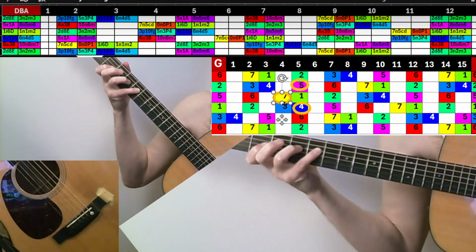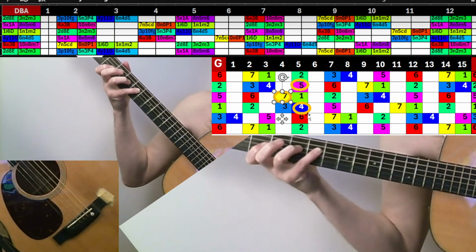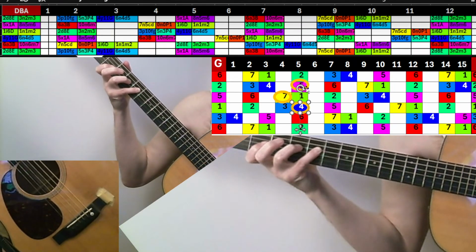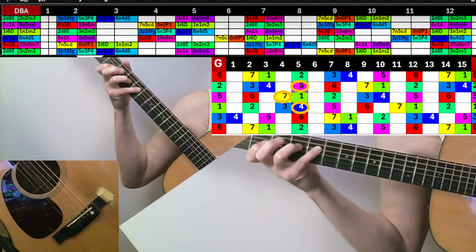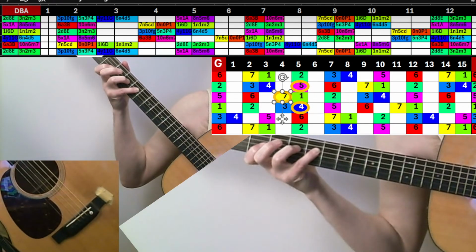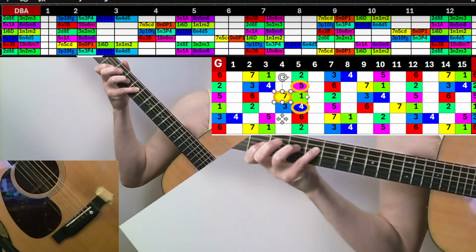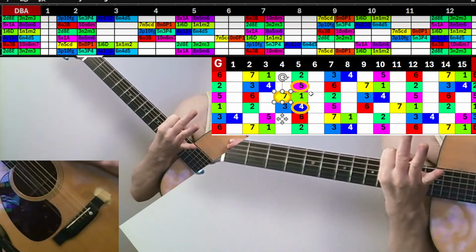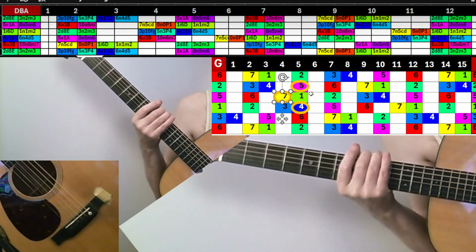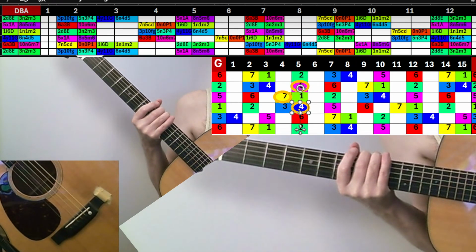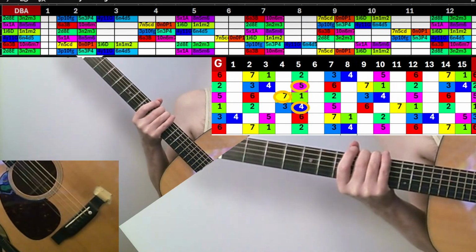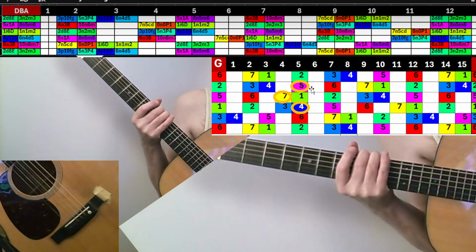That's my classic triangle shape that gives me the root, which is node number 5. 5, 6, 7, 2 modal whole steps away, which was the 3rd scale degree. 5, 6, 7, 1, 2, 3, 4, 6 modal whole steps away, which is the 7th scale degree, a minor 7 distance instead of a major 7 distance, because we're measuring from the Mixolydian node.